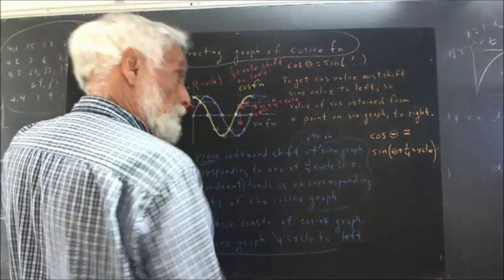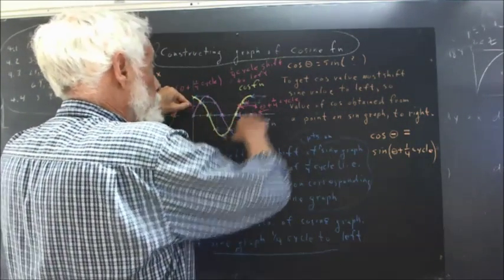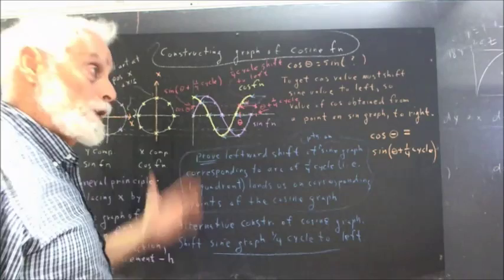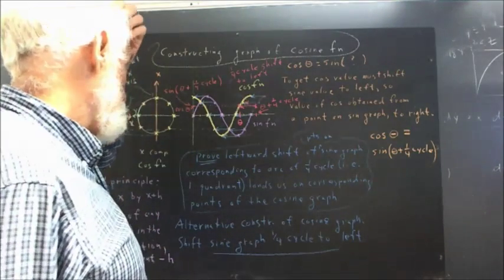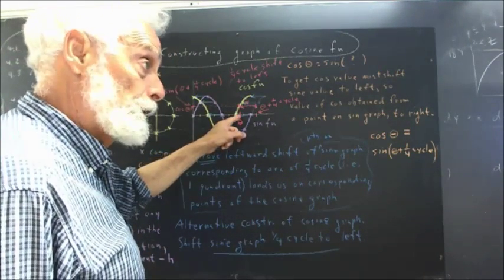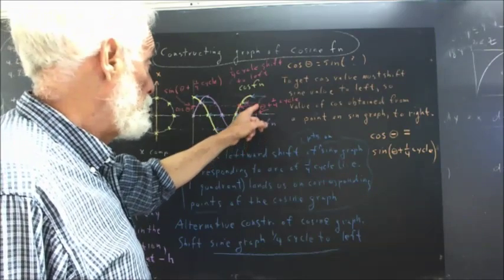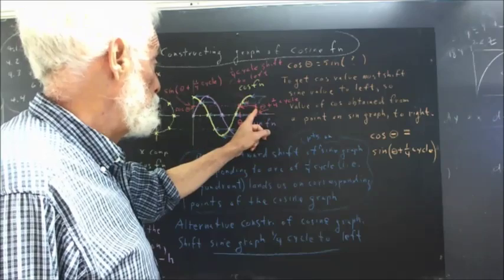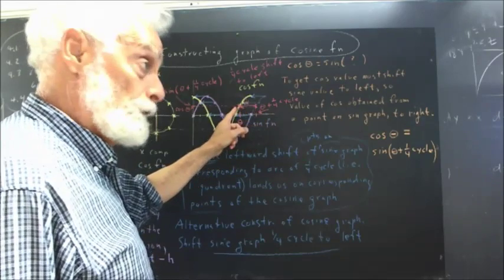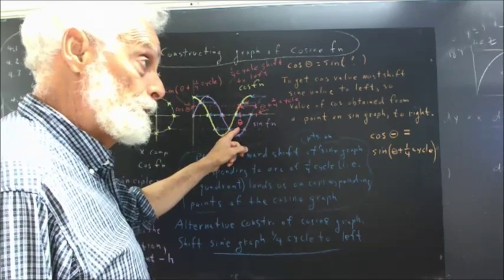We do it based on the sine function. So we do assume that we have a completely constructed graph of the sine function. So whatever theta is, we look a quarter of a cycle to our right, find out what the sine value is, and that's going to be our value of our cosine at this point.